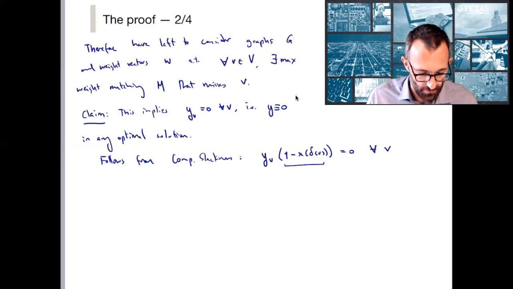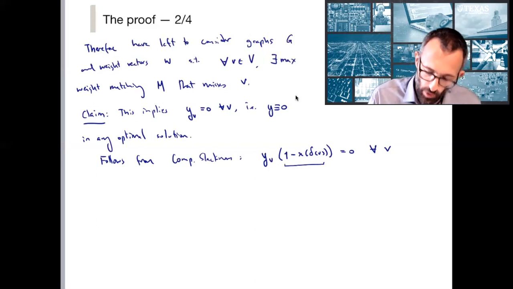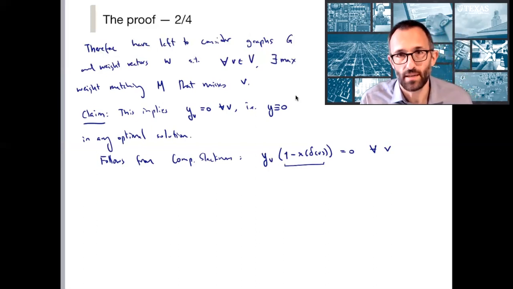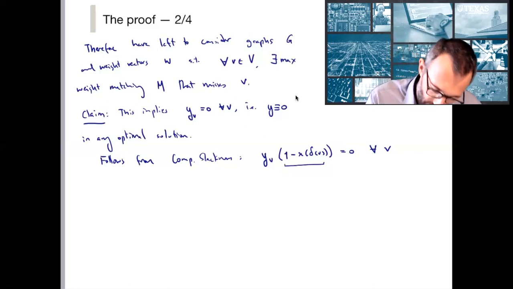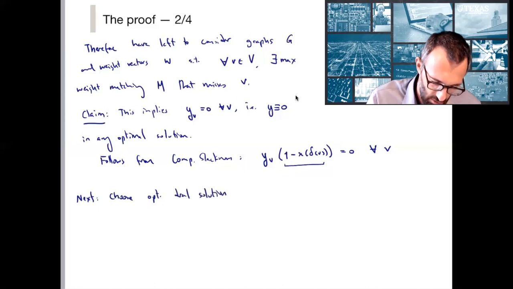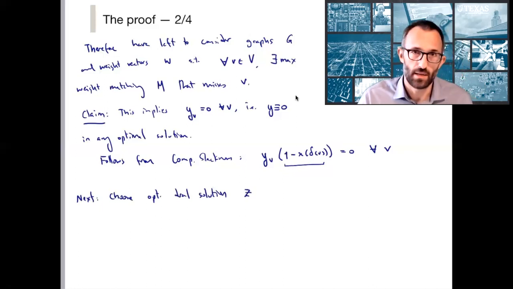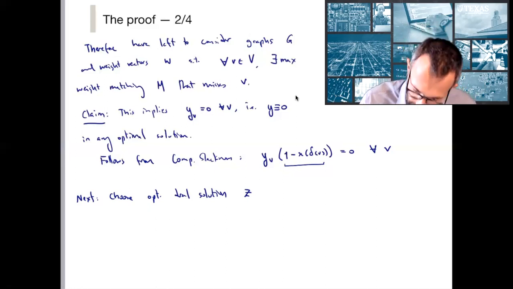z variables. So we're going to now use a technique that we saw also in the lecture on r-arborescences. So we're going to choose an optimal dual solution Z that, in addition to being optimal, maximizes this quadratic objective that we've seen before.